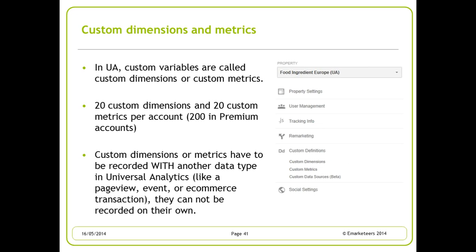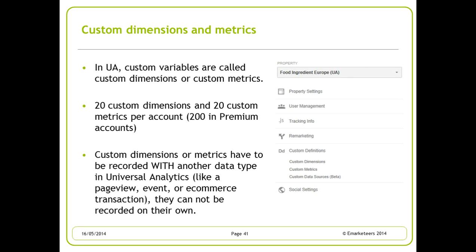And then last but not least, we have custom dimensions and metrics. Also new, you'll find that here in your property menu under custom definitions. You have custom dimensions and custom metrics, 20 of each. What they're used for is to add measurements to Google Analytics.